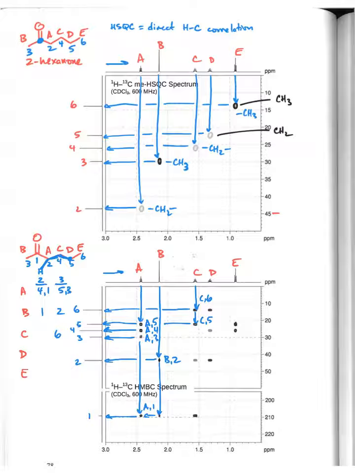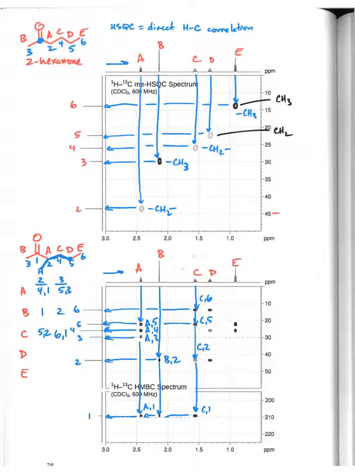That's going to be 2-bond. C sees 2. That's 2-bond. C also sees 1. That's 3-bond. So we've written down 4 relationships for C.